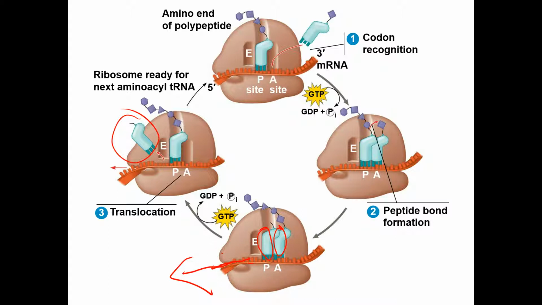In this case, that particular codon sequence is referred to as a stop codon sequence. So that tells the ribosome that, hey, the polypeptide that you've been synthesizing is complete. There are no more amino acids that need to be added.